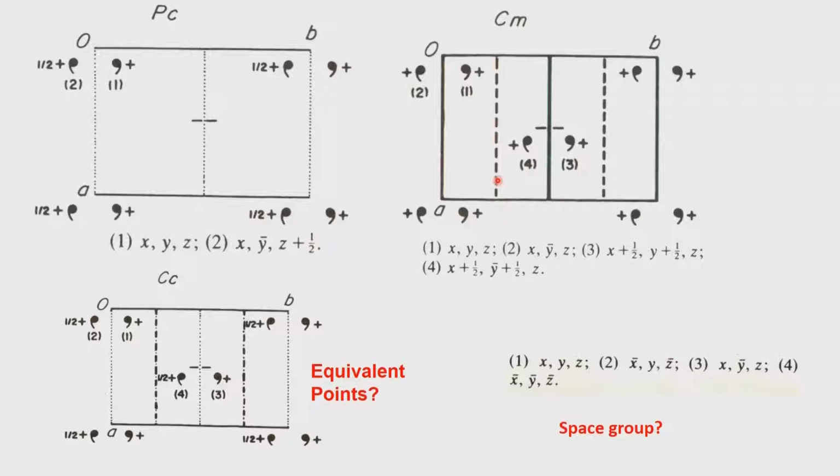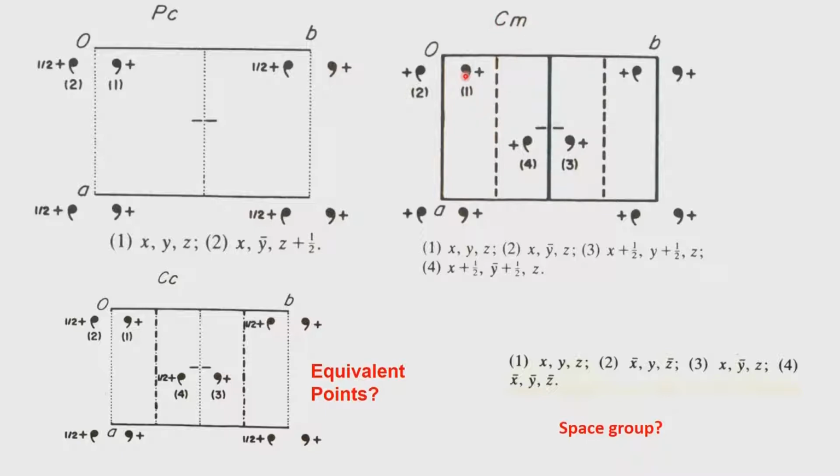So, this brings us to the fact that given the positions of the symmetry elements, given the positions of the objects, we can derive the symmetry equivalents. That means, if this is the point x, y, z, we can derive the position of the symmetry position here by looking at the symmetry operations that are possible.